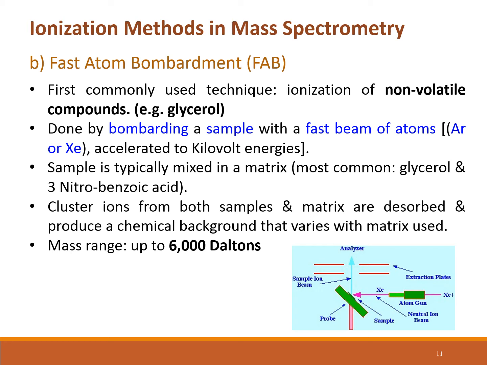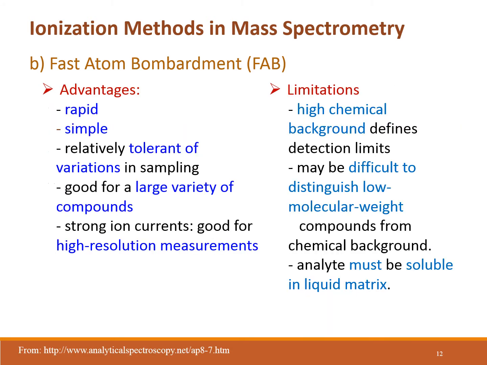Most commonly used are glycerol or trinitrobenzoic acid. Cluster ions from both sample and matrix are dissolved and produce a chemical background that varies with the matrix used. So the mass range is up to 6000 daltons.